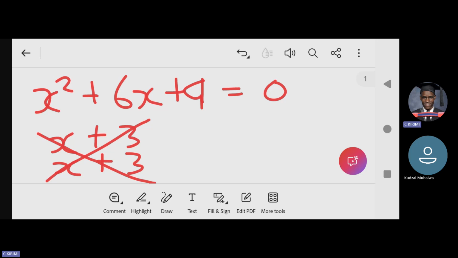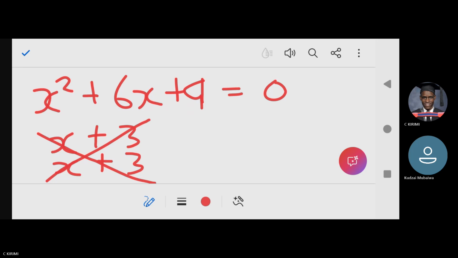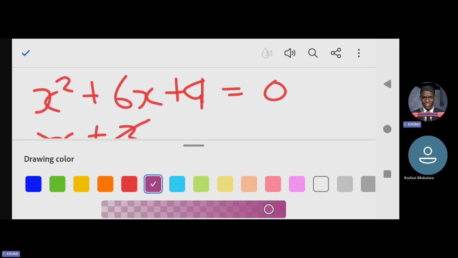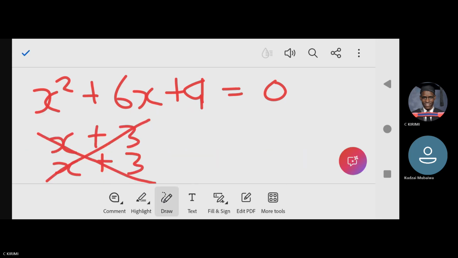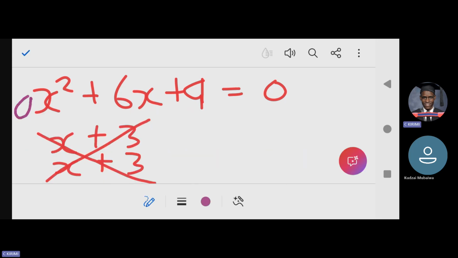If you are told to sketch this graph, first you must check the sign. The number in front is the value of a, this 6 is representing b, and this is your c value.